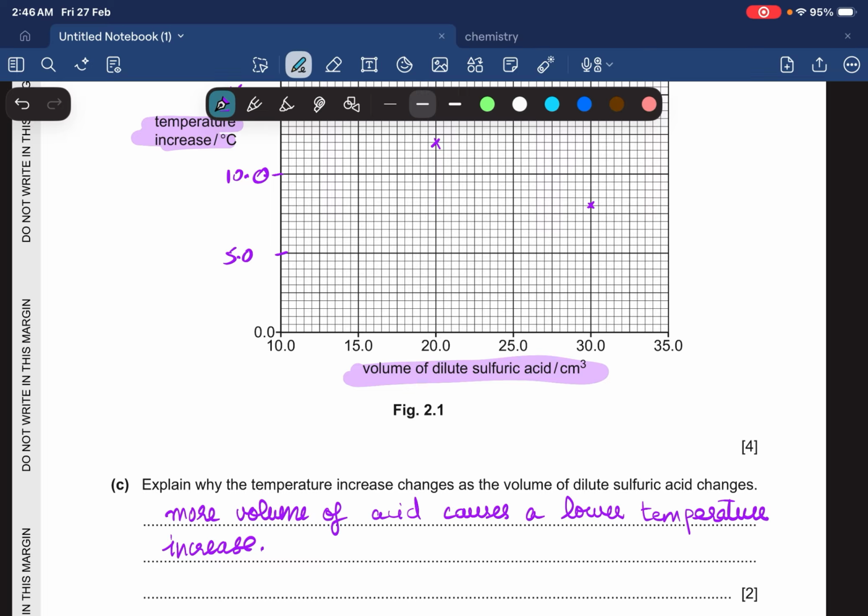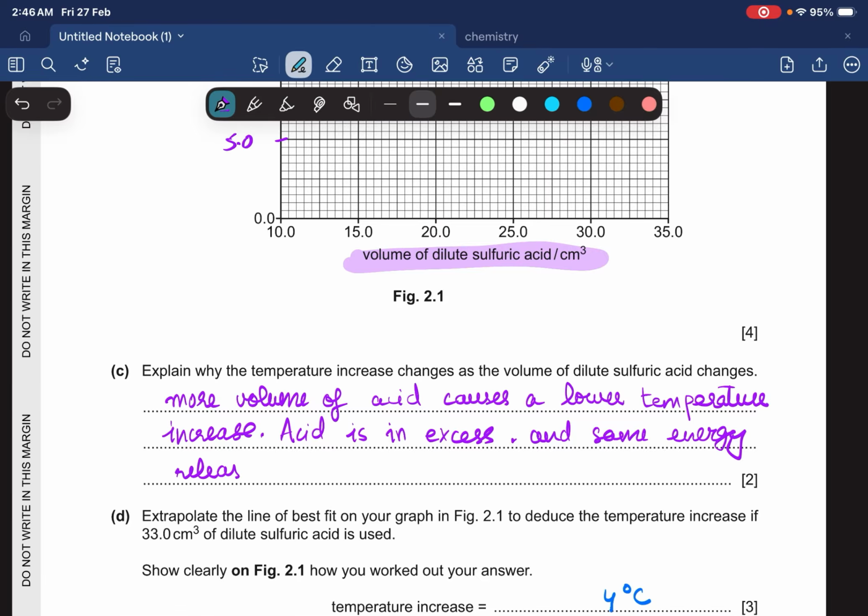Okay? Acid is in excess. That tells us, because if acid was not in excess, increasing the amount of acid would increase the reaction and would increase the heat. So we're going to write acid is in excess, because despite increasing it, the temperature remains the same. Acid is in excess and same energy released.